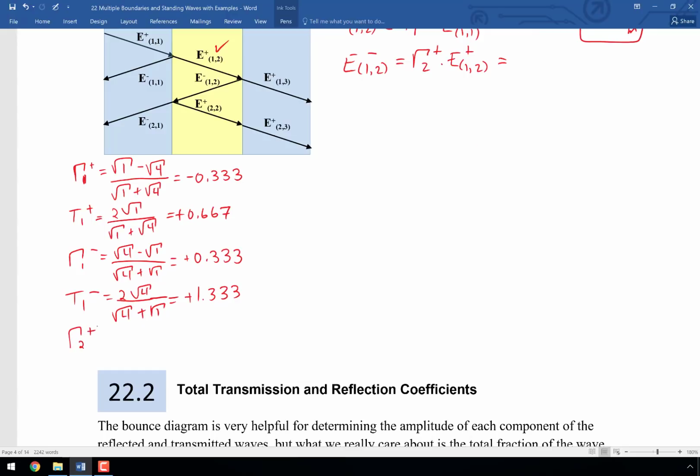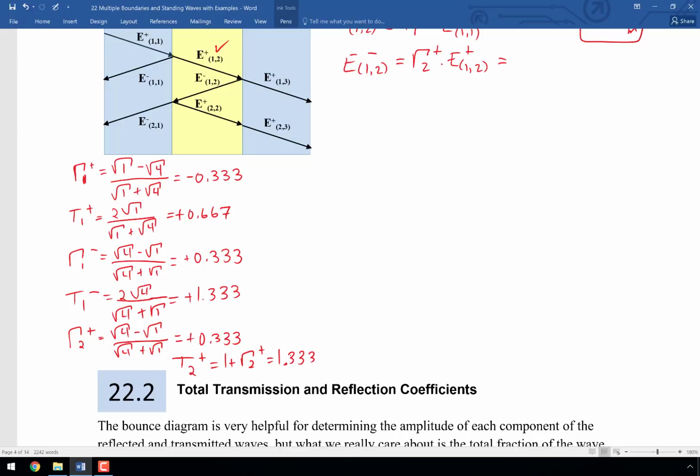Gamma sub 2 plus is going to be the square root of 4 minus the square root of 1 divided by the square root of 4 plus the square root of 1, which it turns out is plus 0.333. And then just to save space, I'll say T2 in the plus direction is going to be 1 plus gamma 2 in the plus direction, which is 1.333.